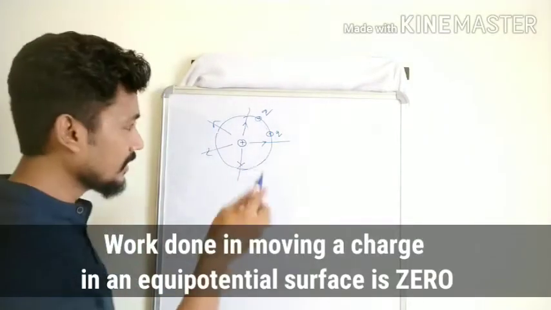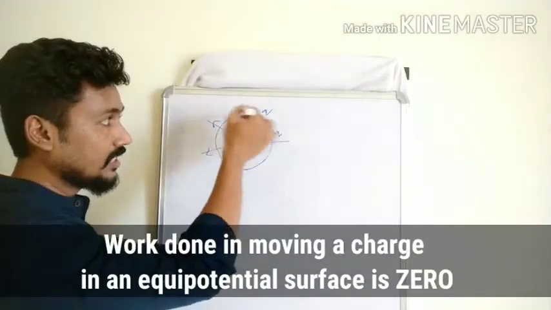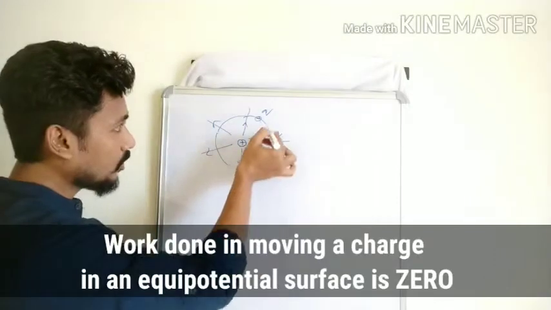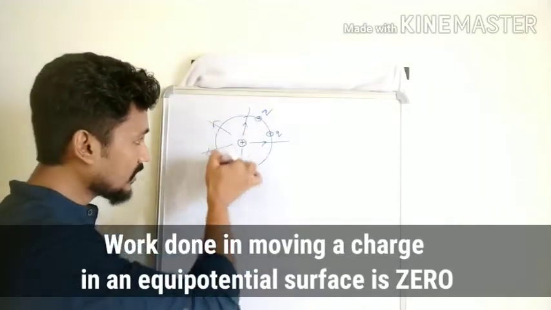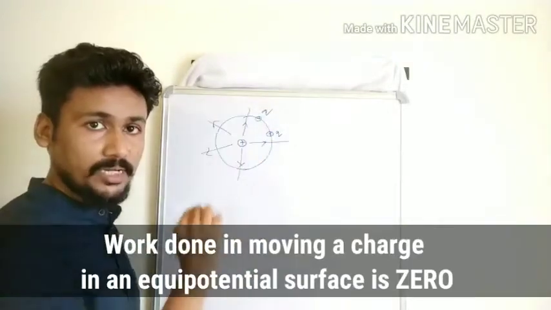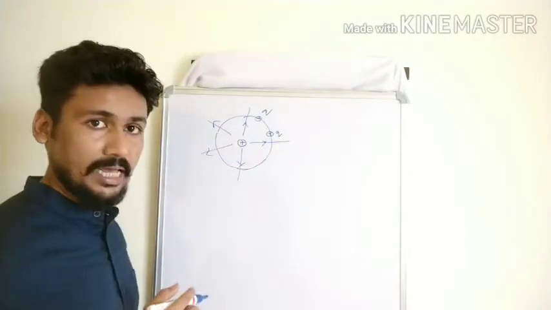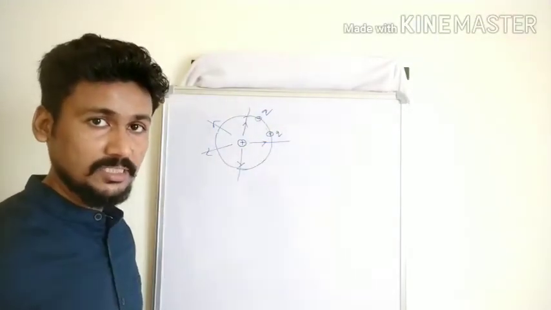You'll remember this: the work done in moving a charge along an equipotential surface is always 0. Why is it 0? Because at all the points the potential energy is the same. So even if you are moving the charge completely around, you don't do any work because there is no change in the energy. So these things you will remember about equipotential surfaces.